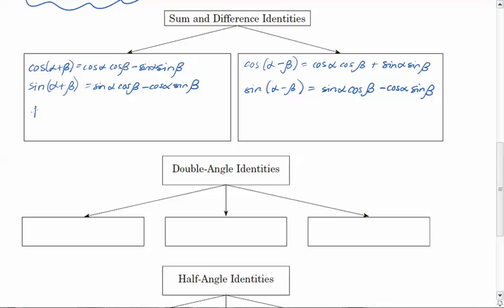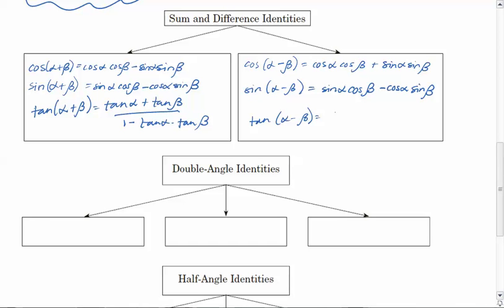So last one we have is tangent of alpha plus beta equals tangent of the first plus tangent of the second, all over 1 minus tangent of the first times tangent of the second. And then for this one, we're just going to have the opposite, because it is tangent of alpha minus beta.